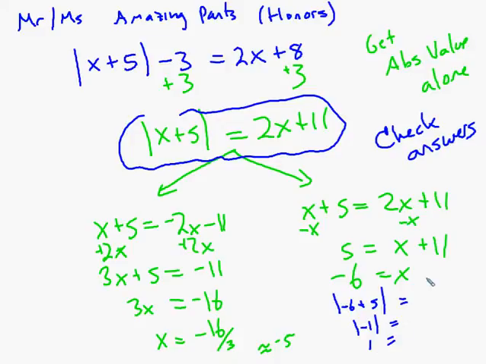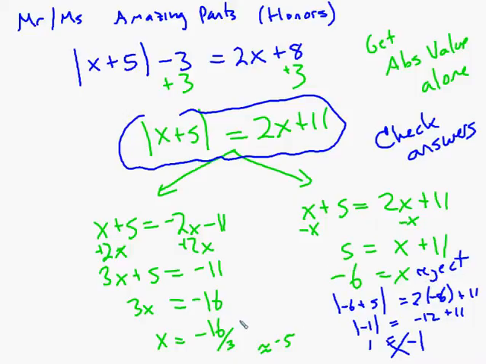But on the right, I'll have 2 times negative 6 plus 11. 2 times negative 6 is negative 12 plus 11. Negative 12 plus 11 is negative 1. Wait a minute. Did not work. So, you need to check your answers with this. So this one, even though we did everything right, doesn't work, so we reject that answer.